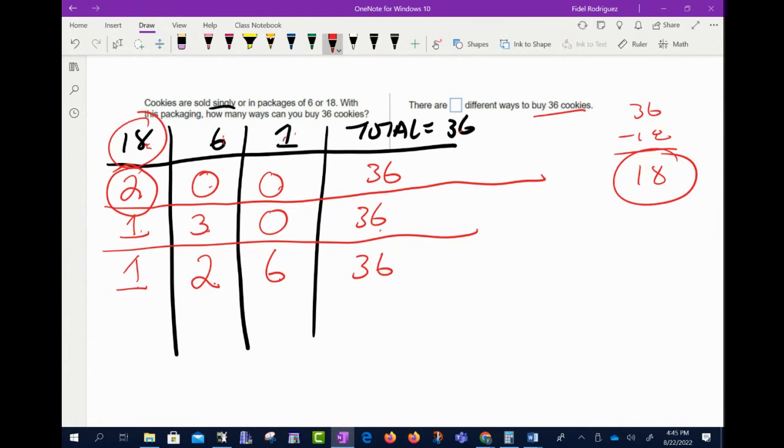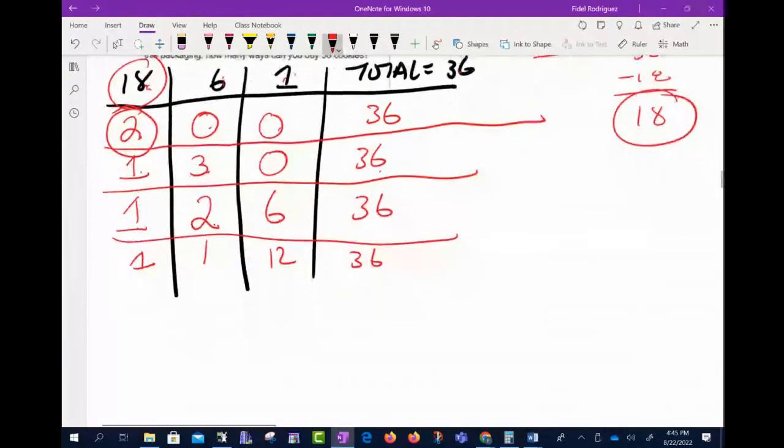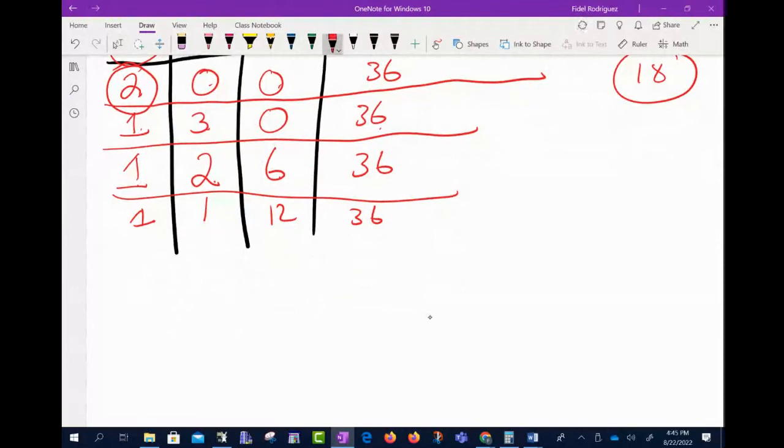That gives me my 36. Or I could do 1 pack of 18, 1 pack of 6, and 12 single cookies, and that gives me my 36, right? Or I could buy 1 pack of 18, no packs of 6, and 18 single cookies, and there's my 36.